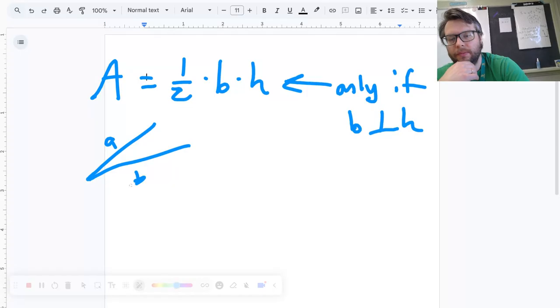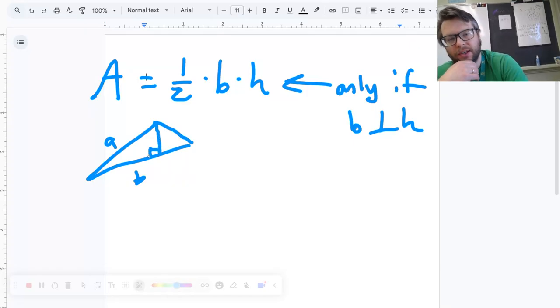So what do you do? If you have a triangle like this, just like we did with the sine proof, you can cut it up into two right triangles.